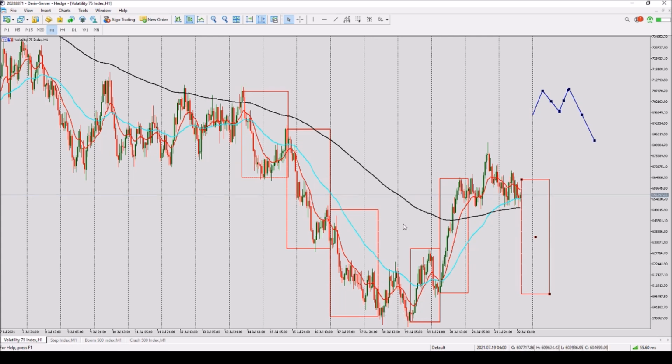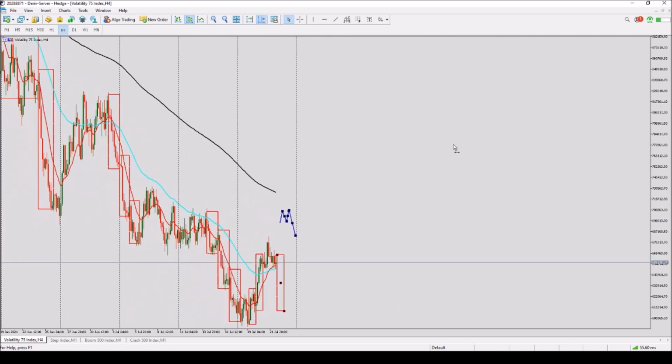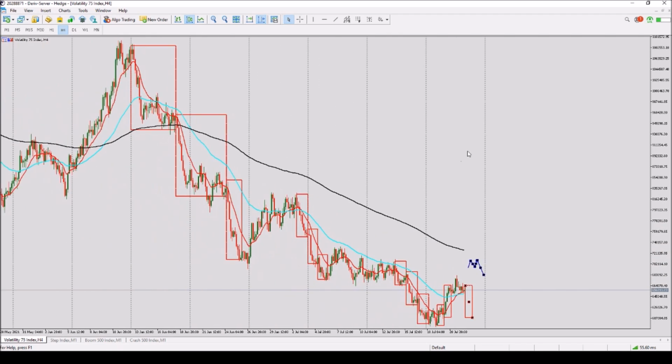Right now I'm thinking that this market is biased to go down, because if you go on the H4 time frame, we have the first level H4, the second level, and we would be expecting to see the third H4 level. So most likely I'm going to be waiting for a buy, which will be a counter flow, and only hold that trade for a length equivalent to 1 H1 level.